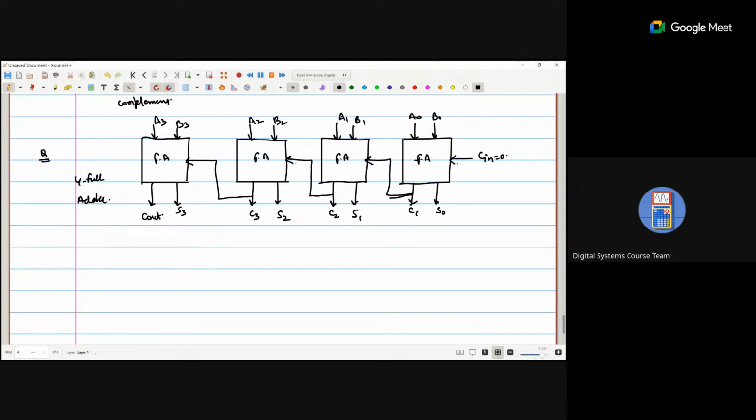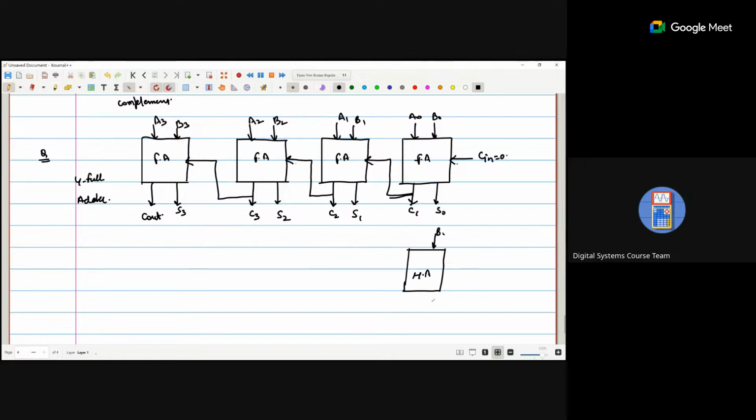Now the second way is that if carry in is not given, what I should do is use the first adder as a half adder. Why half adder? Because carry in is not given.